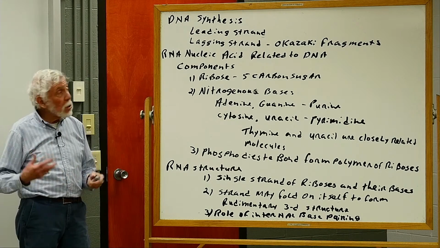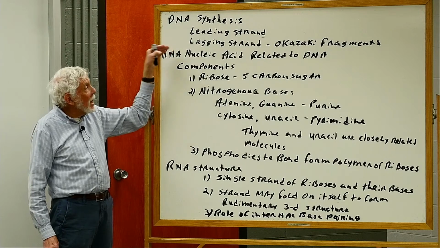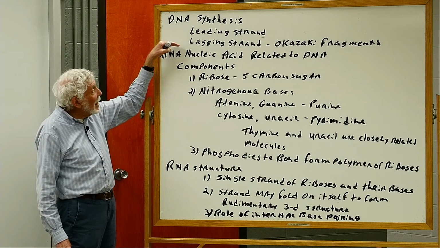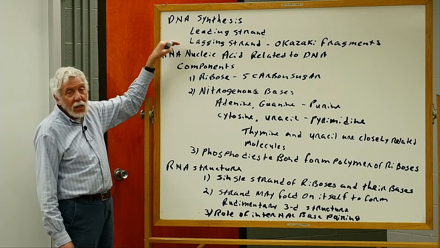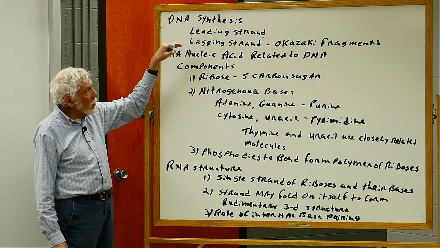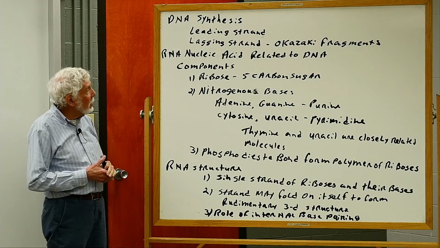It was the shorter pieces, called Okazaki fragments, which led people to recognize that you could have a leading strand which you read continuously, but a lagging strand was then synthesized in fits and starts. Those are the origins of the so-called Okazaki fragments.